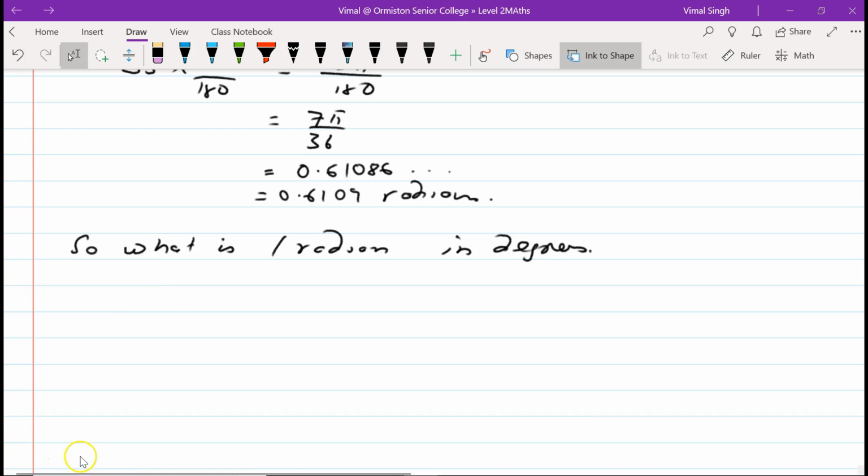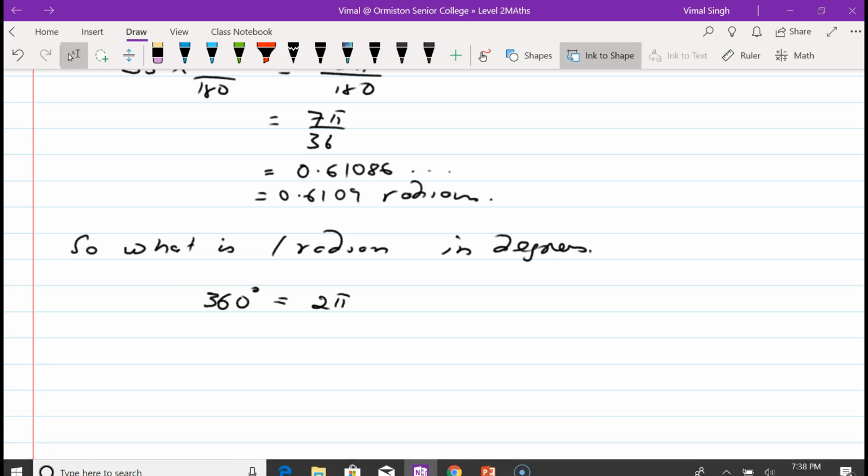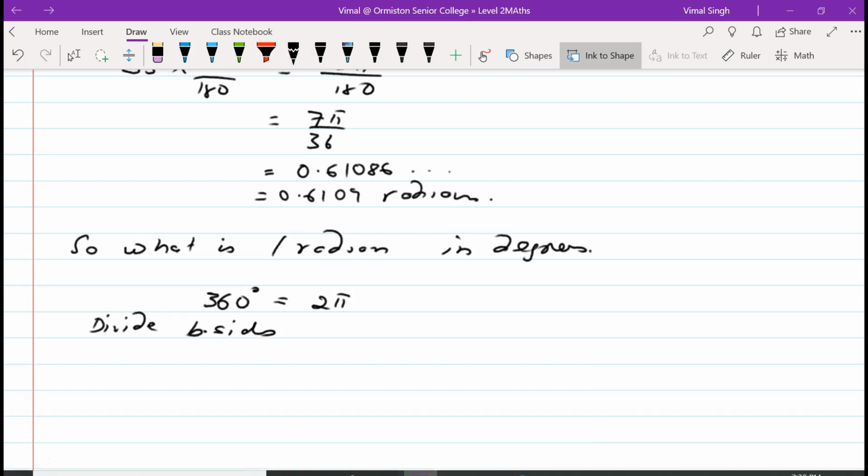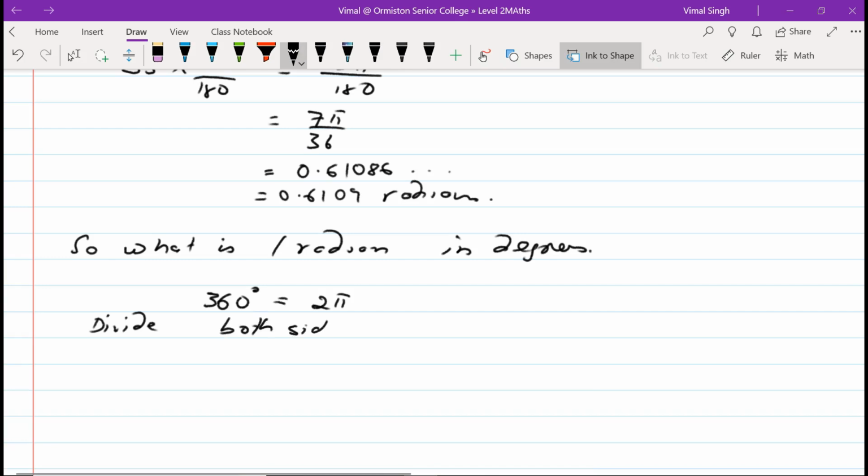We said 360 degrees is equal to 2 pi, and if I divide both sides by 2 pi, that gives me 360 over 2 pi, and that is equal to 1 radian.